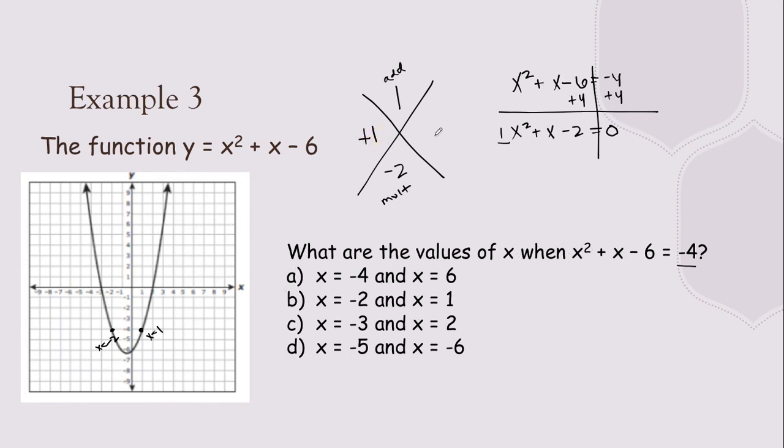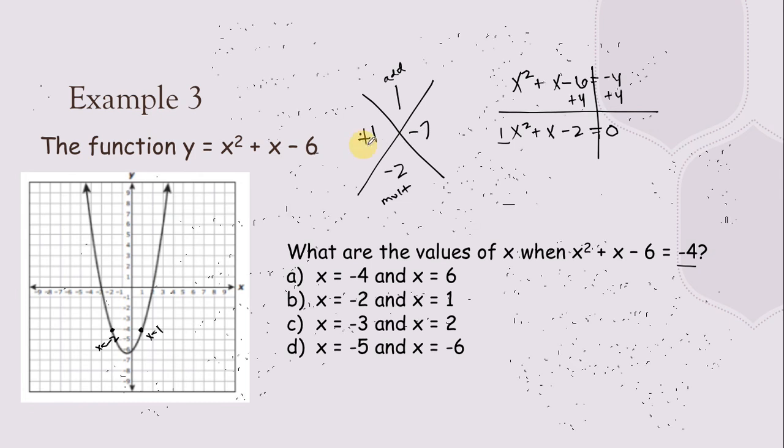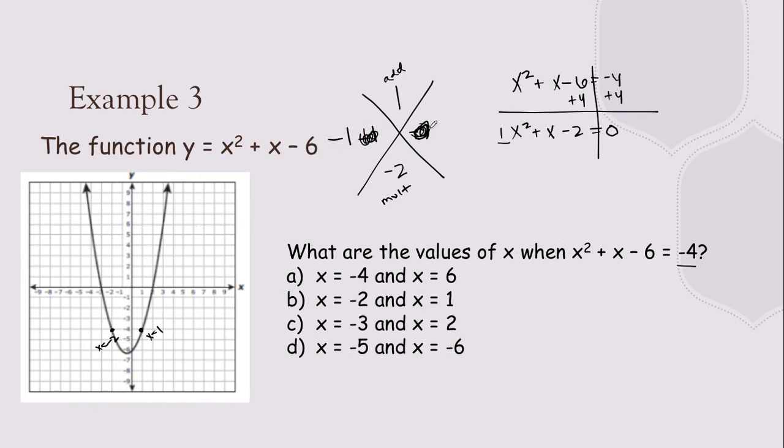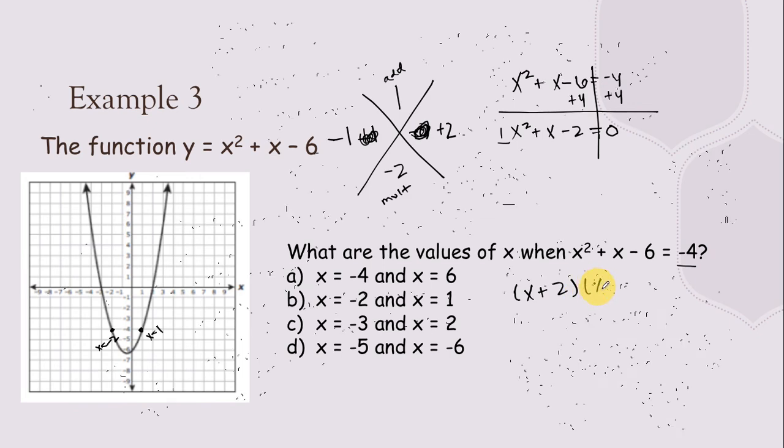If you said negative 1 and positive 2, you are correct. So my two factors are x plus 2, x minus 1.